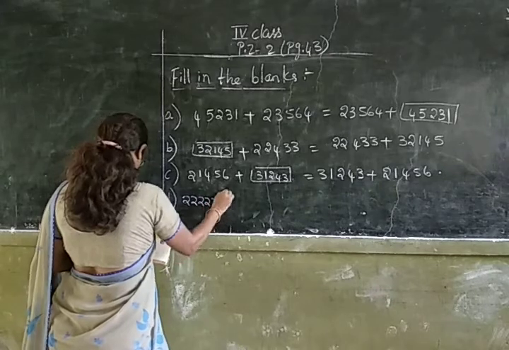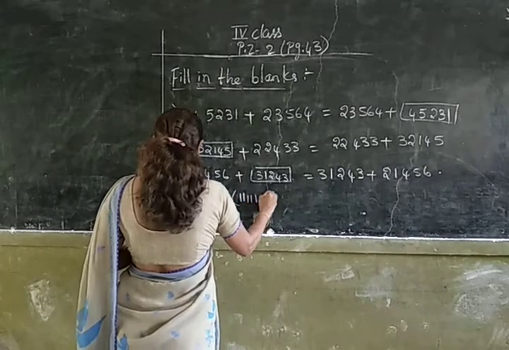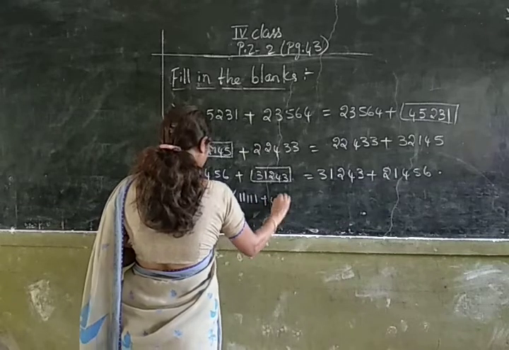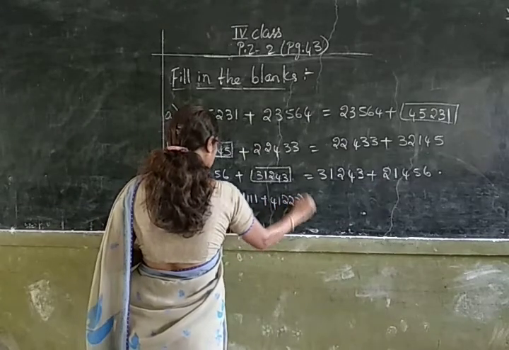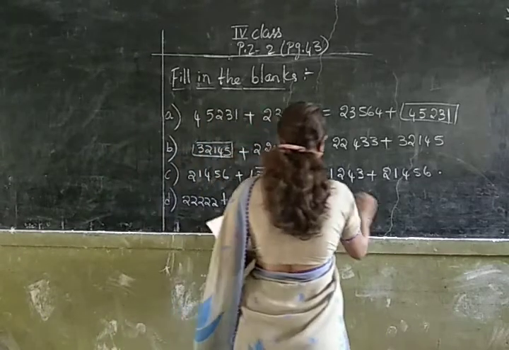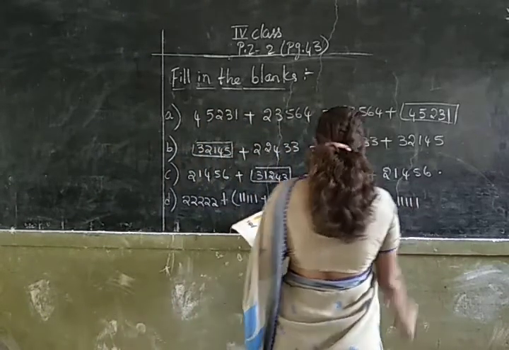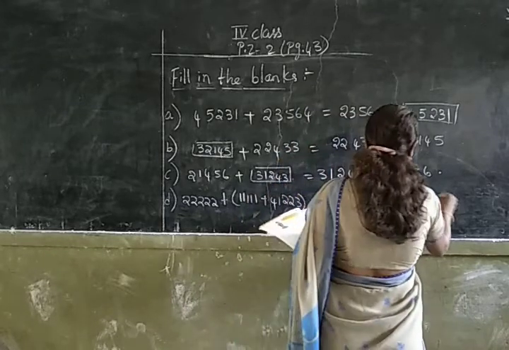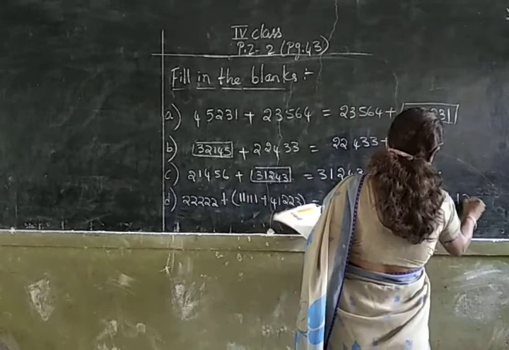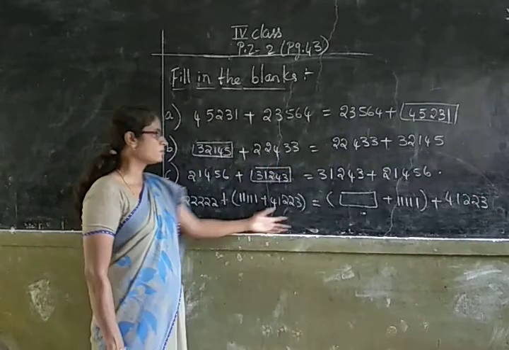22,222 plus 11,111 plus 41,223 is equal to blank. This is the associative property, which is the grouping of addends.